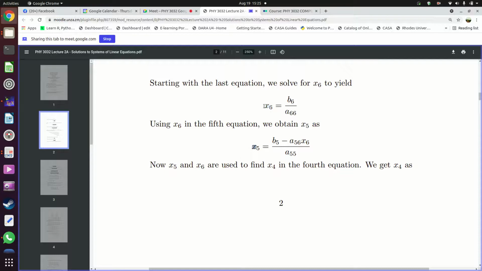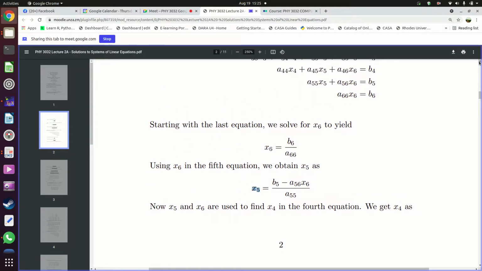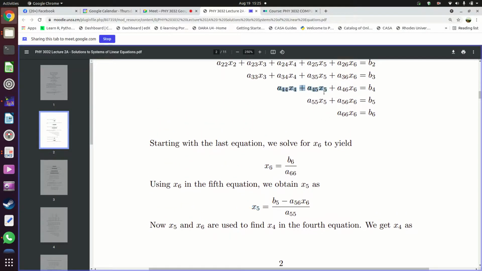Now, next you're going to use your x6 and x5 values to find x4. So in finding x4, you're going to use this equation. So you already know what x6 is. You have found what x5 is. So these terms, we'll transfer them to this side. So you're going to have b4 minus a45 x5 minus a46 x6.